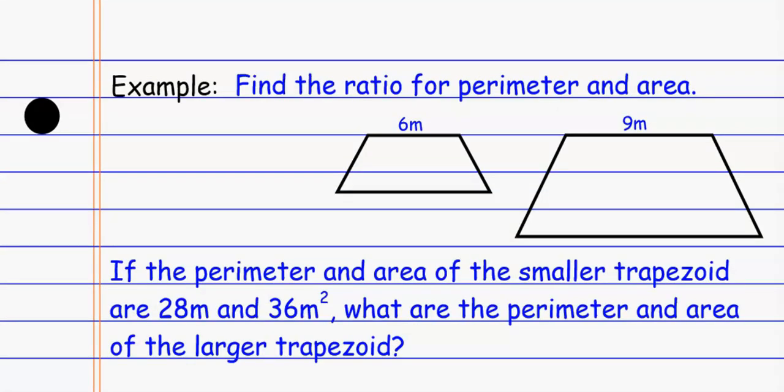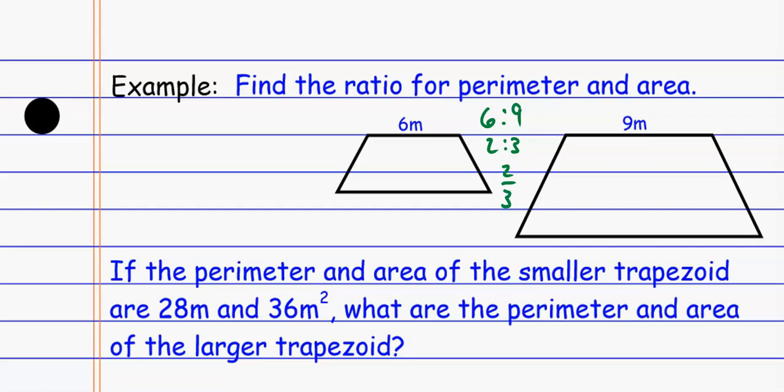For example, if I look at this one, it says find the ratio for the perimeter and the area. And so once again, think about this as a ratio between sides, so let's compare the corresponding sides. The ratio between corresponding sides is 6 to 9. Or, if we reduce that, 2 to 3. Or write it as a fraction, it's 2/3. Okay?